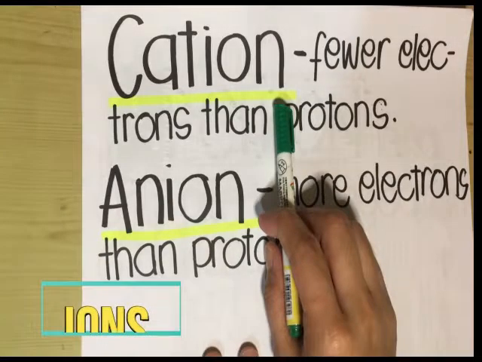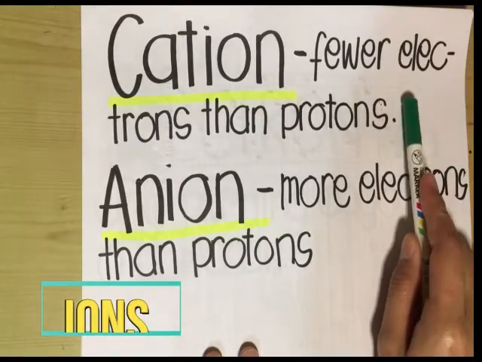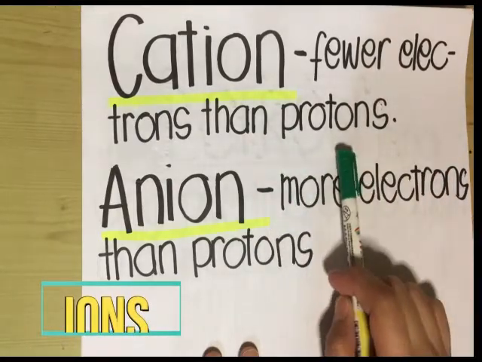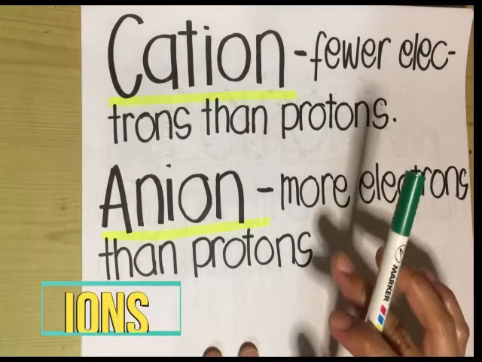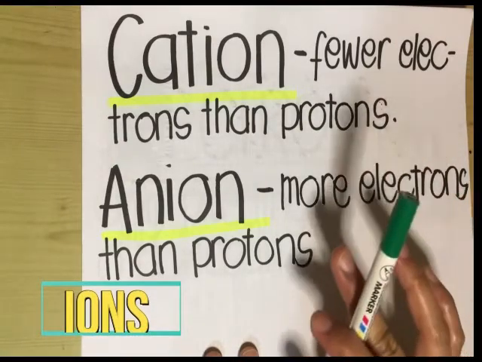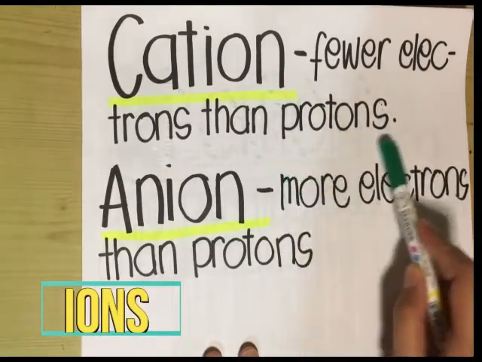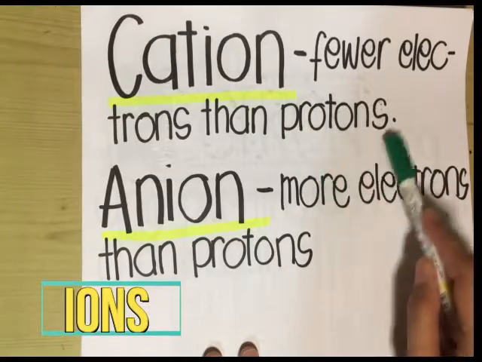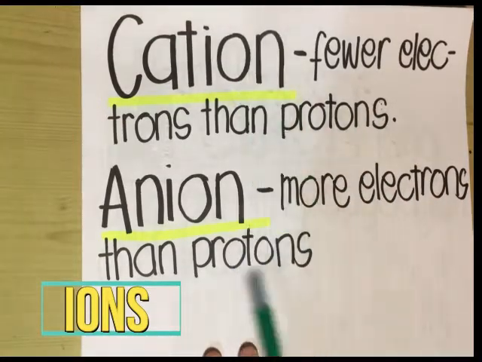Okay, so cation, tandaan natin, positive charge siya, di ba? That means it has fewer electrons than protons. Ibig sabihin nun, mas konti yung kanyang electron kaysa sa protons niya. So, mas nagiging dominant yung proton. Kaya yun nagiging charge niya, and that is positive, cation.